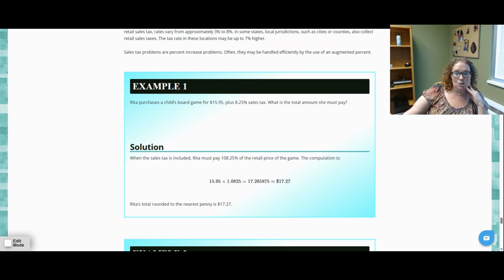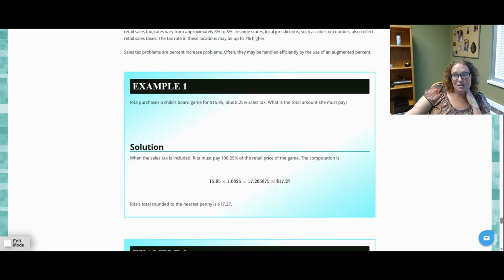So Rita purchases a child's board game for $15.95 plus 8.25% sales tax. What is the total amount she must pay? So when we look at the sales tax, we would say $15.95, which is the original price, times the 8.25% sales tax, which you would write as 1.0825, and you'll get a number approximately $17.27.